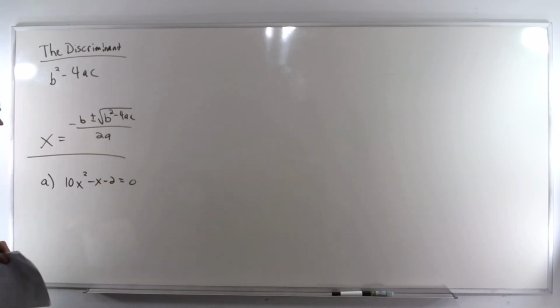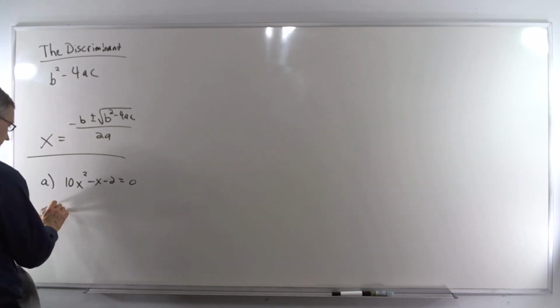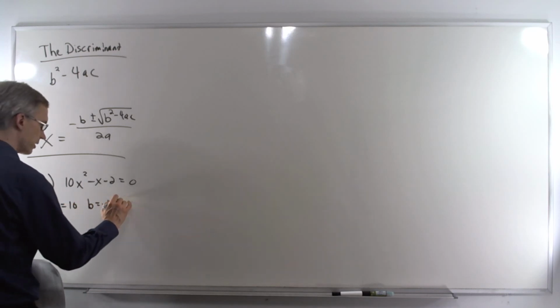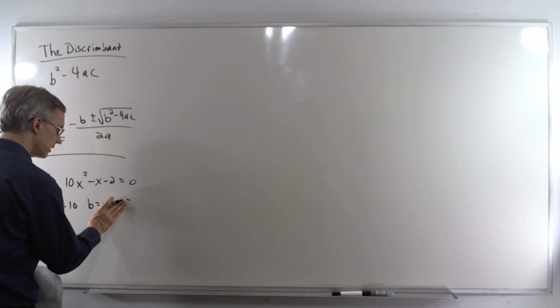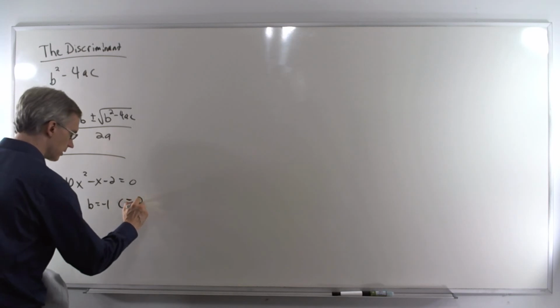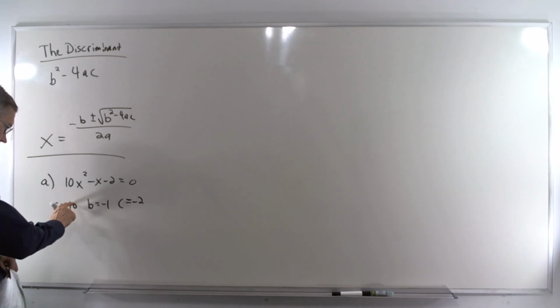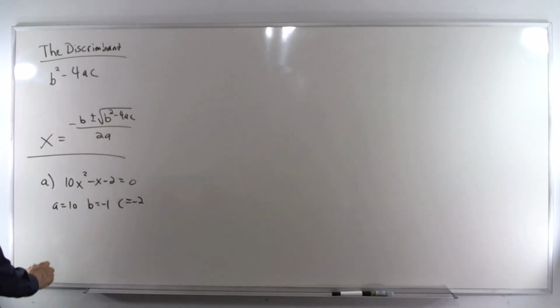X squared minus x minus 2 equals 0. So we get the values of a, b, and c. A is 1, b is -1, c is -2. All right, discriminant.